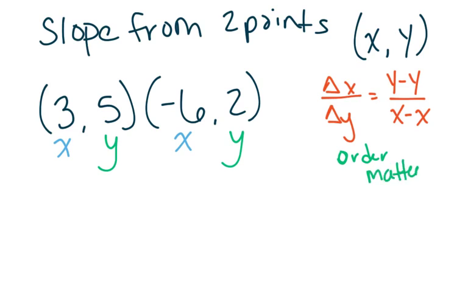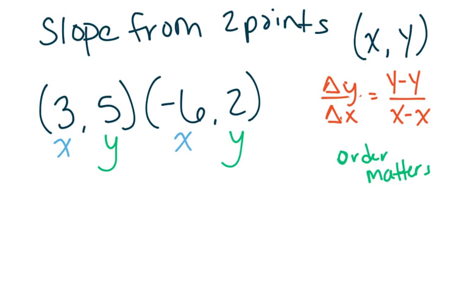The reason why order matters is you can't go one way once and then the other way the other. Notice that I have these backwards. Change in y over change in x.